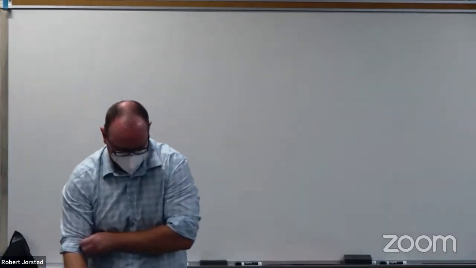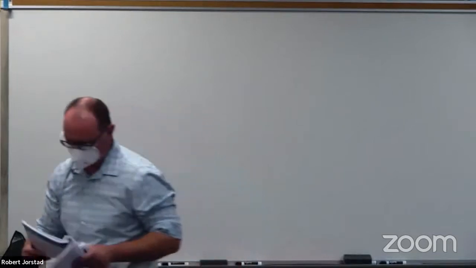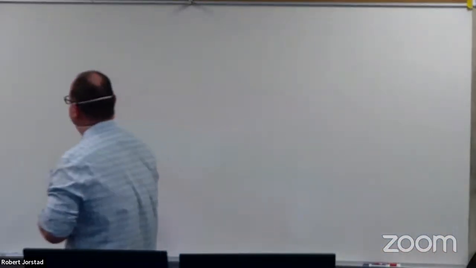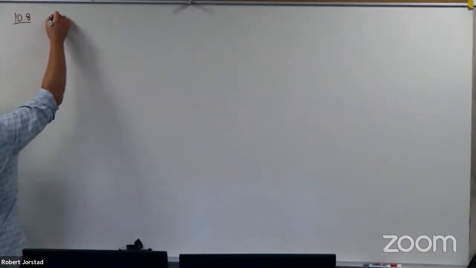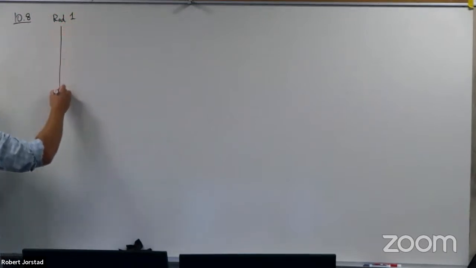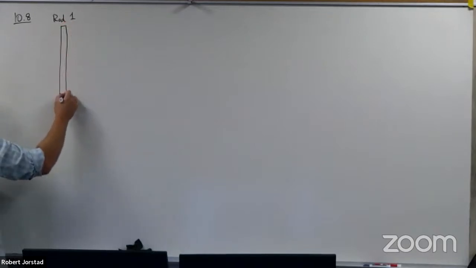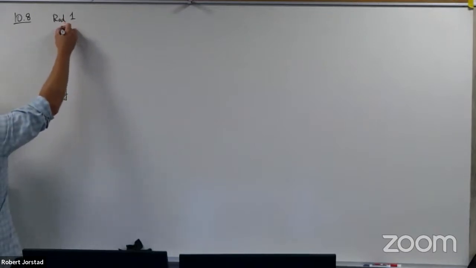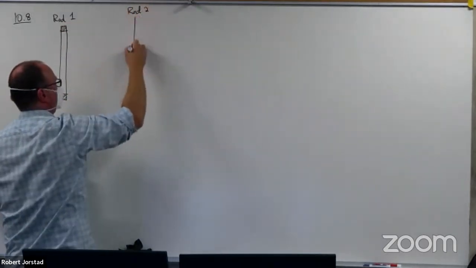Problem 10.8. We have these two pipes. We're going to treat the pipe as a rod. Rod 1 has point masses at the ends. Rod 2 has point masses at the center.